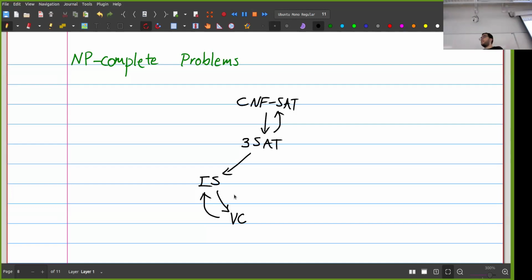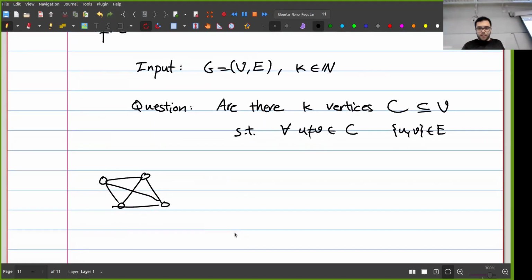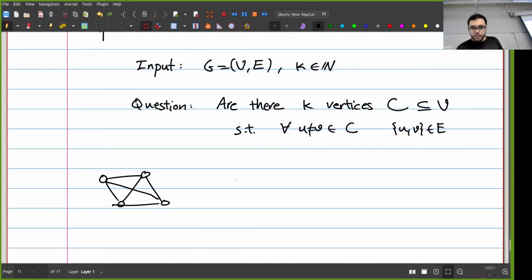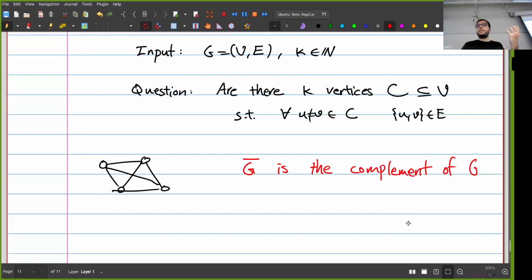Now, an independent set in the original graph is a clique in the complement graph, and vice versa. Again, you can prove this. So it's a very simple lemma, just like the previous case. Let's say, let me show the complement graph by G bar. So G bar is the complement of G, which means that an edge exists in G bar if and only if it doesn't exist in G. Okay, but it has the same set of vertices.